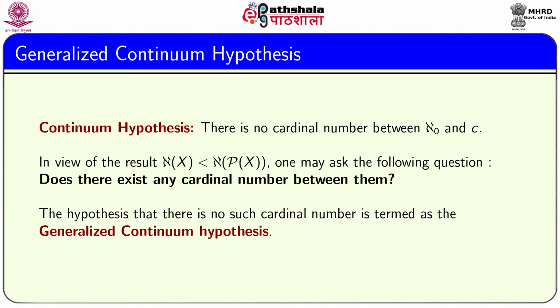In view of the last result, that the cardinality of a set X is strictly less than the cardinality of its power set, one may ask the question: does there exist any cardinal number between these two? The hypothesis that there is no such cardinal number is termed the generalized continuum hypothesis.